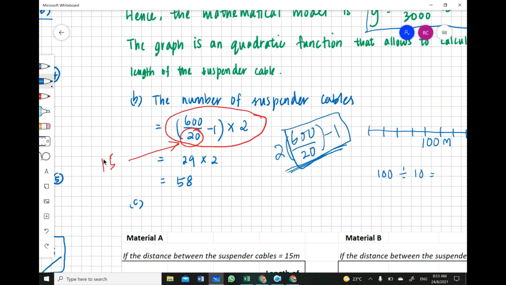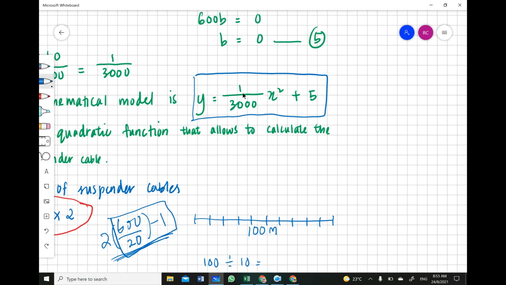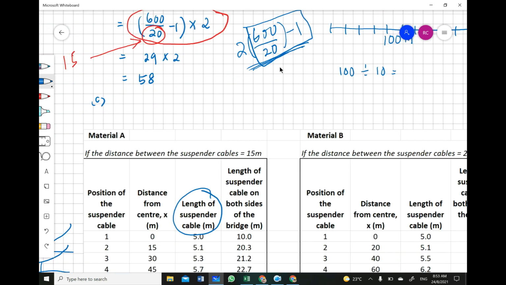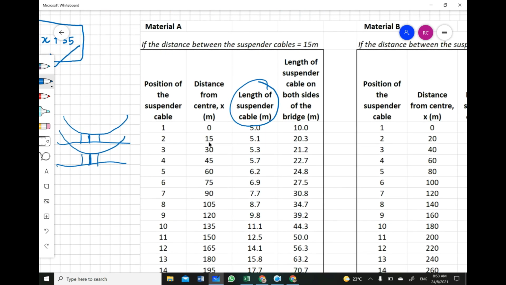The mathematical model that we have is y equals 1 over 3000 x squared plus 5. This one. So how do I get the value of 5.1? I substitute the value of x, 15, into the equation here.